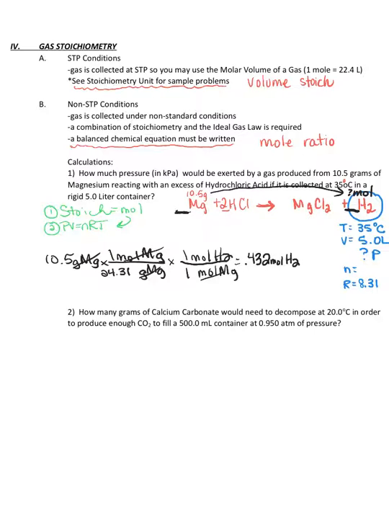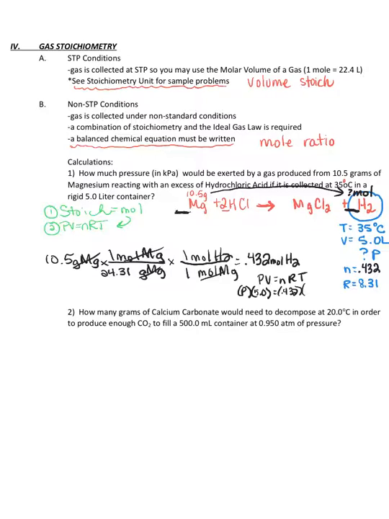I plug that in. Then I use my PV equals nRT. P is my unknown. V is 5.0 liters. N, we just found out, is 0.432.